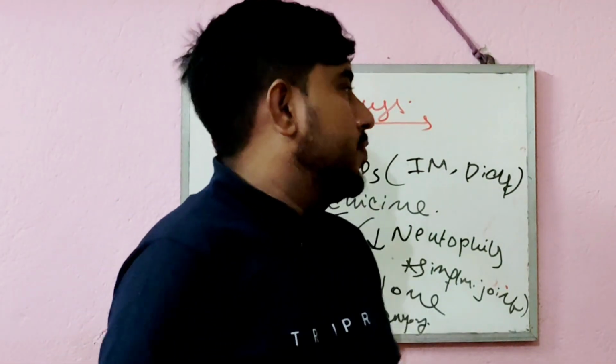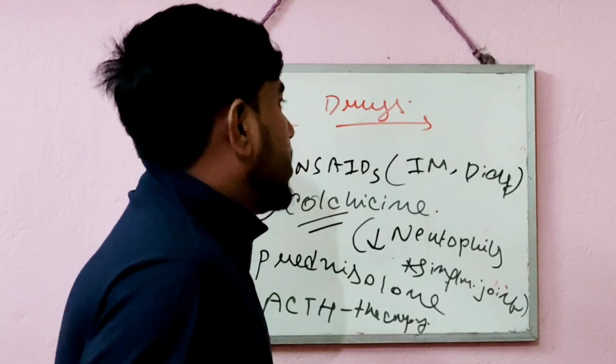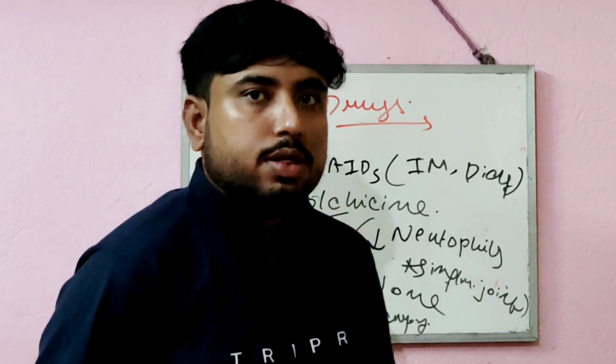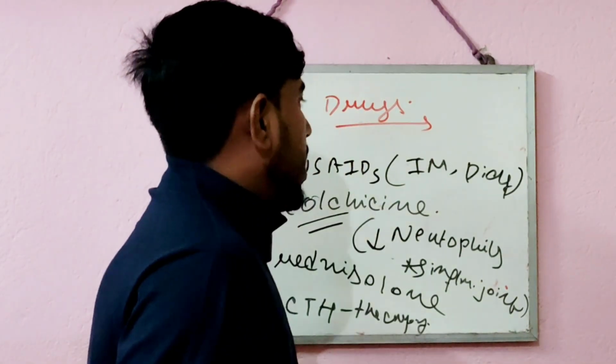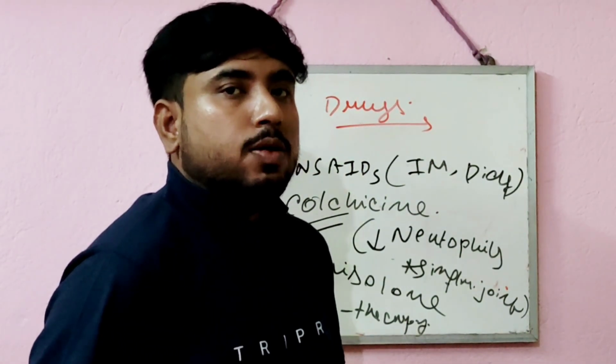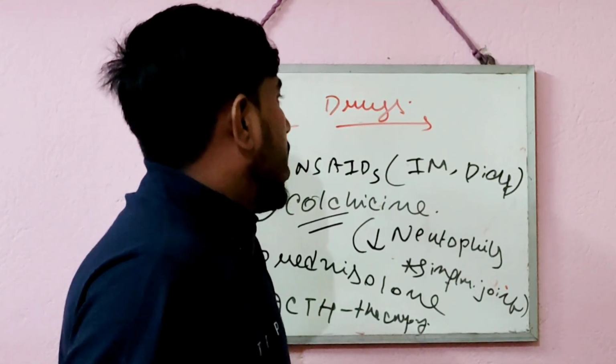So by that I have finished the topic of anti-rheumatoid drugs, where I have discussed the definition of anti-rheumatoid drugs, their classification, and mostly used drugs like methotrexate, prednisolone and sulfasalazine, their mechanism of action and the dose required to treat arthritis.